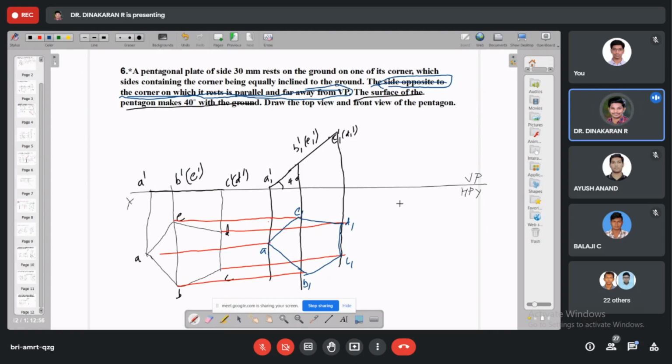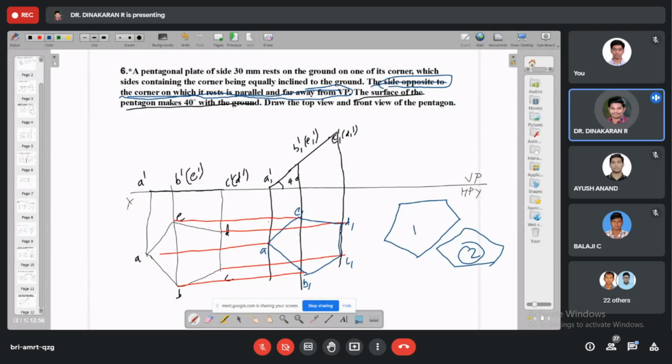So if I draw C1 D1 like this, is it correct, or if I draw it like this, is it correct? The first case and the second case. The side opposite to the corner on which it rests is parallel and far away from the VP.